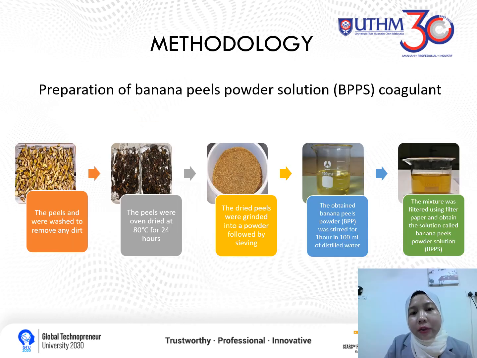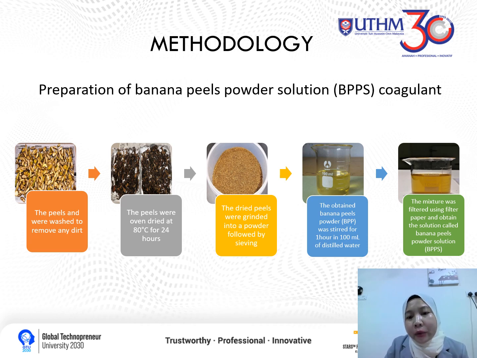For the methodology, first we prepare the banana peels powder solution, or BPPS coagulant. Initially, the banana peels were washed to remove any dirt. Then the peels were oven dried at 80 degrees C for 24 hours. After that, the dried peels were ground into a powder form, followed by sieving.